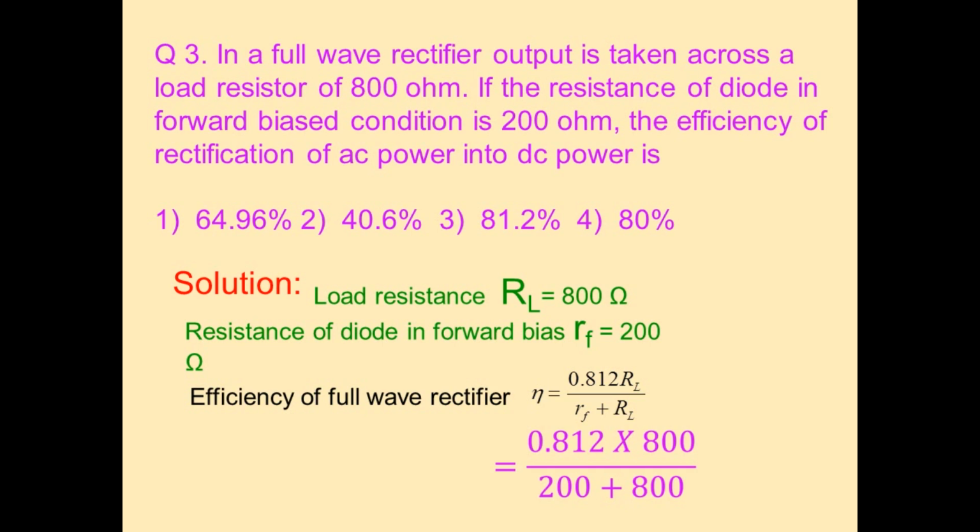Next, third question. In a full wave rectifier, output is taken across a load resistor of 800 ohm.